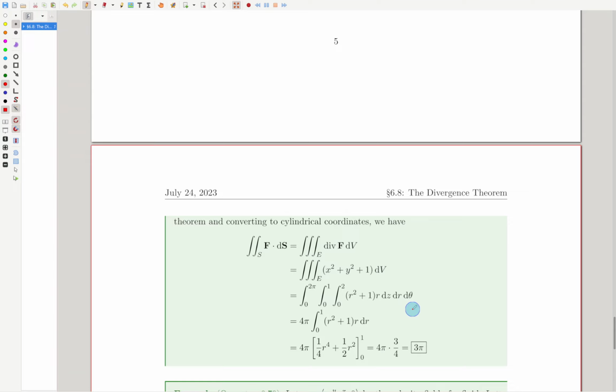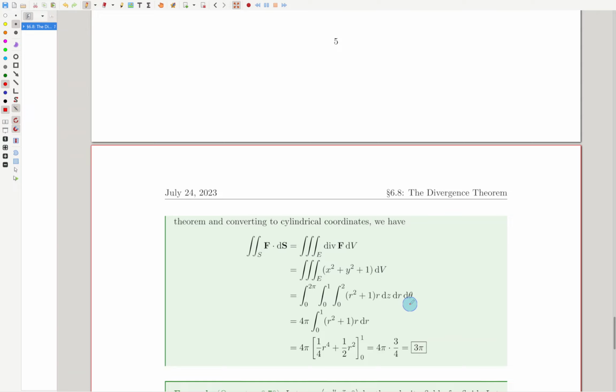Let's see how I did this. This integral is independent of theta and z. Well, the function inside is independent of theta and z, so you can pull out those integrals. Or you can think of this as splitting this triple integral into a product of 3 one-dimensional integrals.